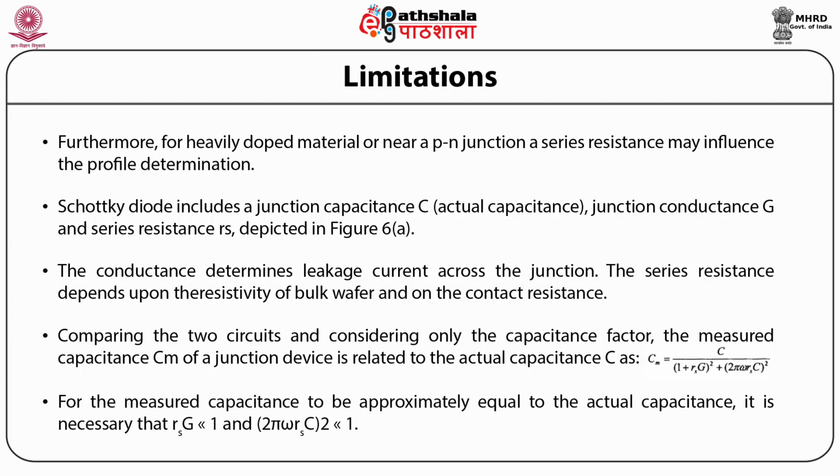For the measured capacitance to be approximately equal to the actual capacitance, it is necessary that Rs G is much smaller than 1 and (2π ω Rs C) squared is much smaller than 1.